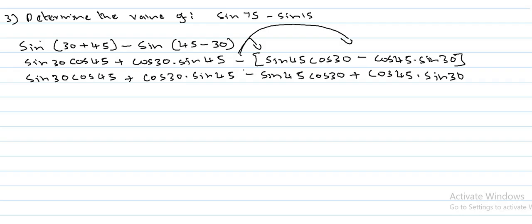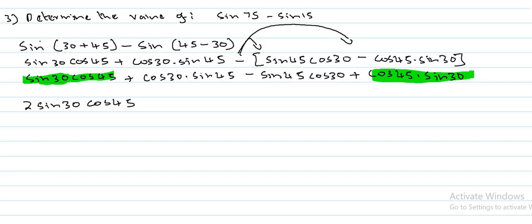Then we need to check if we have the like terms. Let's highlight sine 30 cos 45. So this will be 2 sine 30 cos 45.